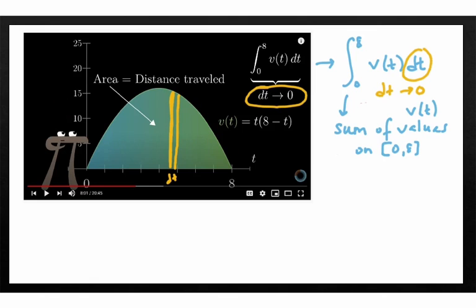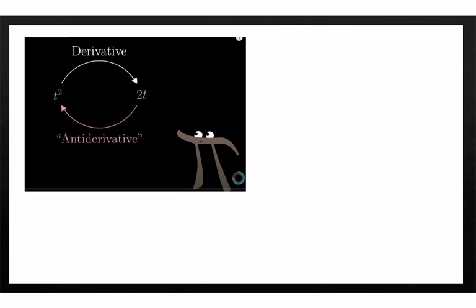We know what theoretically we're finding when we find an integral, but then there's this idea of derivatives and antiderivatives, right? We know how to find a derivative. In fact, let's kind of go over the one we have here. So if you have t squared and you want its derivative, let's think what we do to get to that 2t.